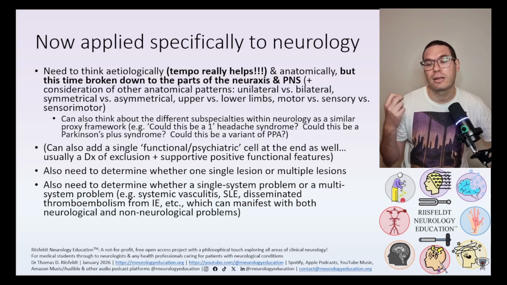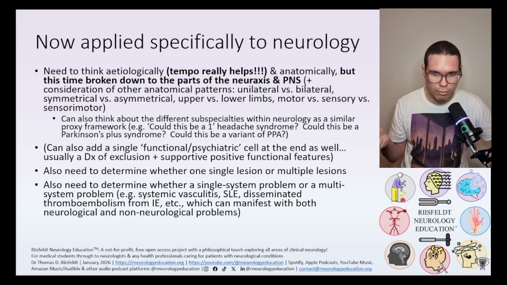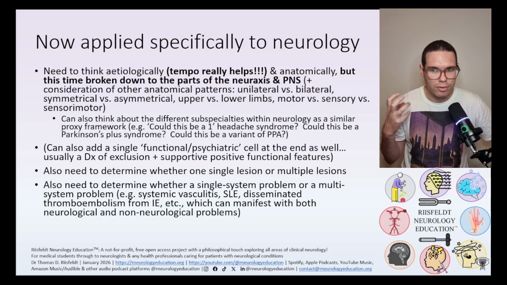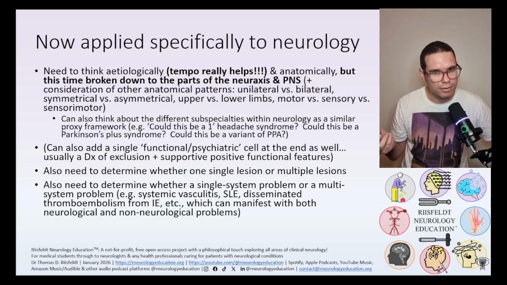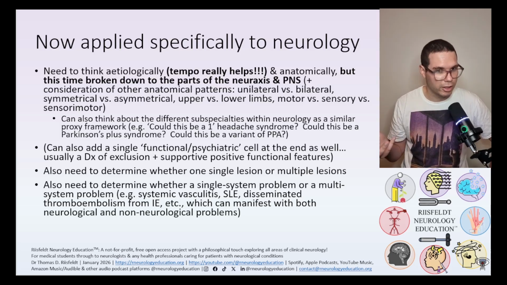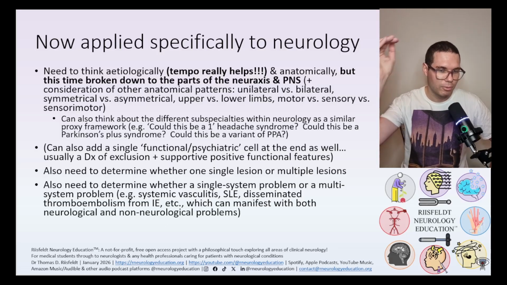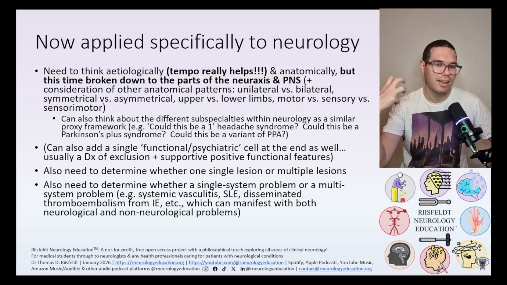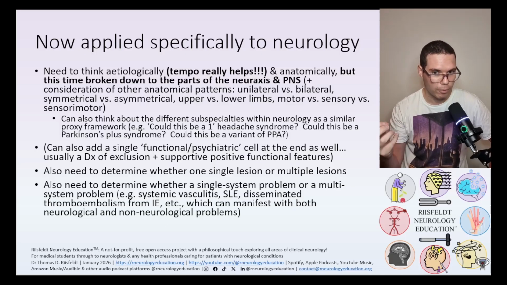So in the case of the GBS patient before, you're not going to ever say, oh, this motor and sensory problem is functional until you've excluded the dangerous organic problems that could kill the patient. So you do need to think always, what are the organic problems that could be very harmful to my patient, and have I excluded them all? And then what's left over, could this be functional?